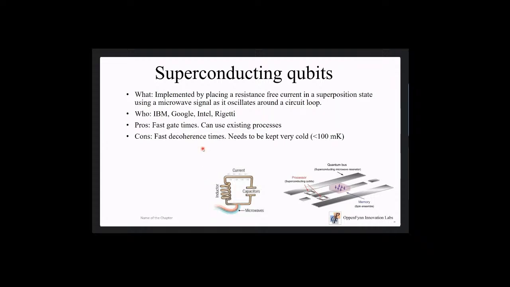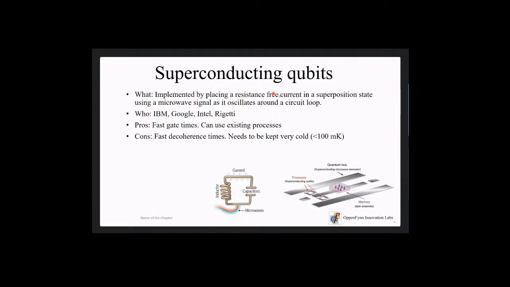In fact, you must have heard the news of Google demonstrating quantum computers in their lab. Google also uses superconducting qubits. So superconducting qubits has not won the race yet, but it is definitely leading the race currently.